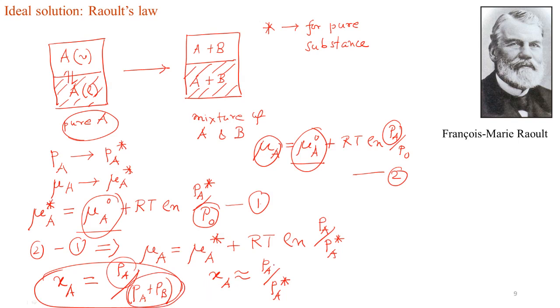But Raoult approximated that the mole fraction is the partial pressure divided by the vapor pressure of the liquid in its pure form. So this is known as Raoult's law.